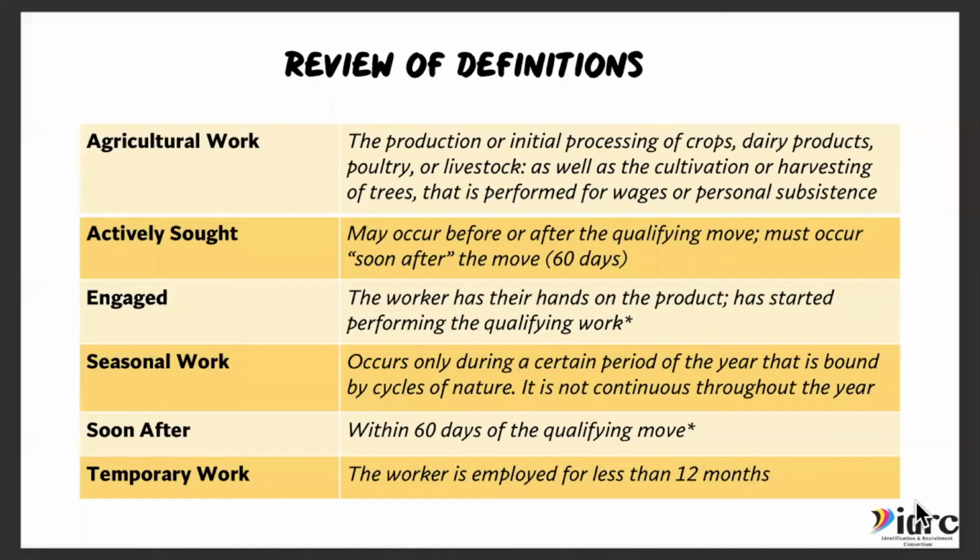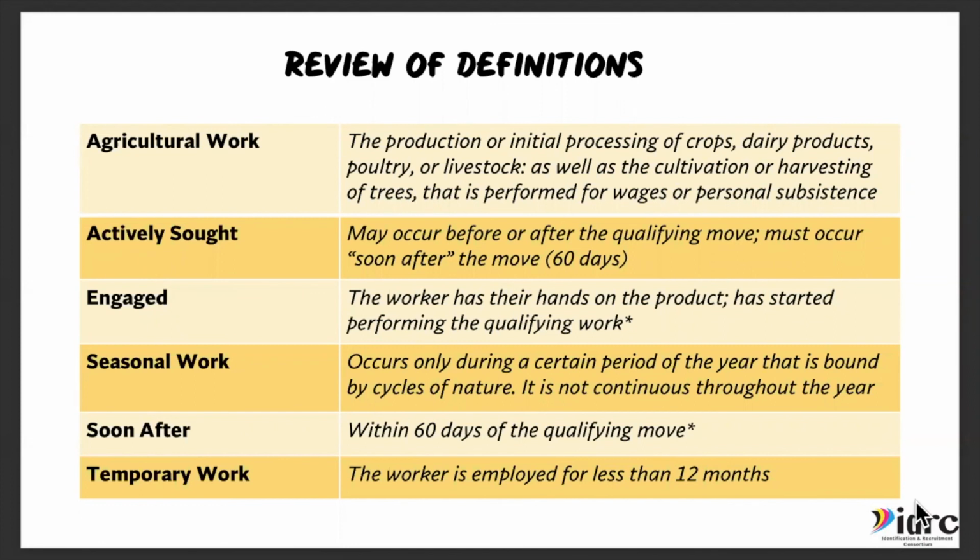To review some of the definitions that we have learned during this presentation, agricultural work is any work that is in the production or initial processing of crops, dairy products, poultry, or livestock, as well as the cultivation or harvesting of trees that is performed for wages or personal subsistence. Actively sought may occur before or after the qualifying move, but must occur within 60 days or soon after the move.